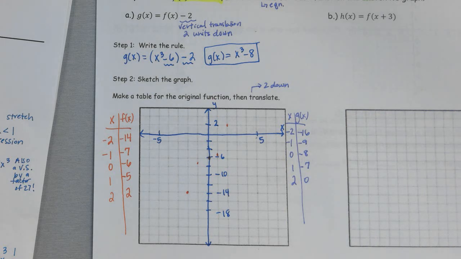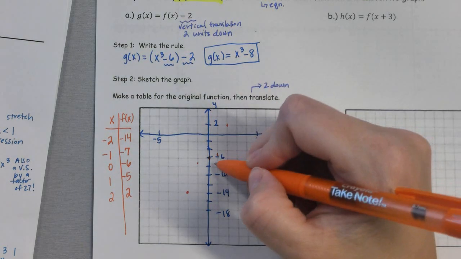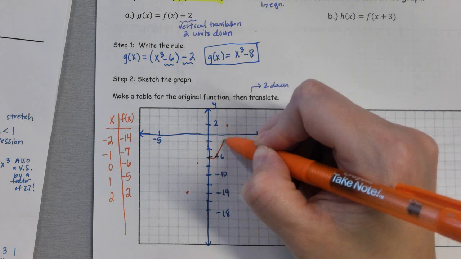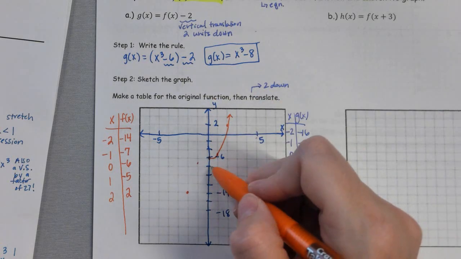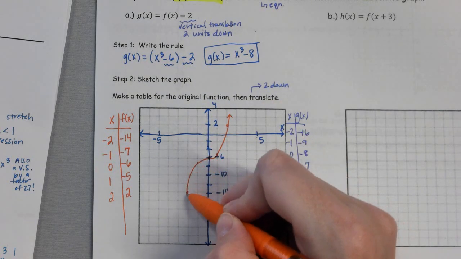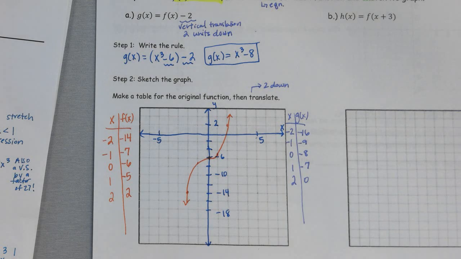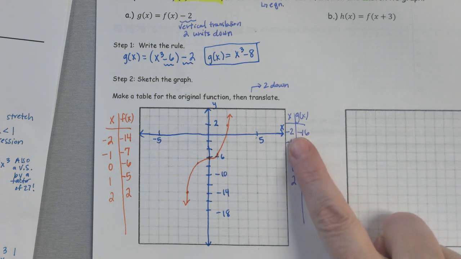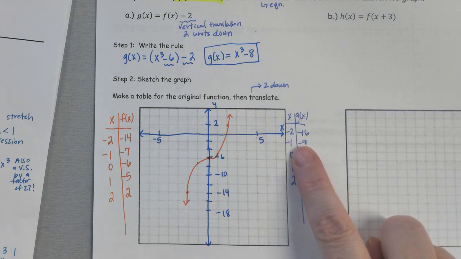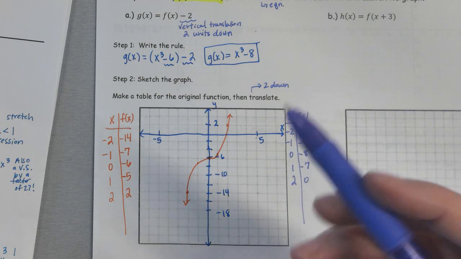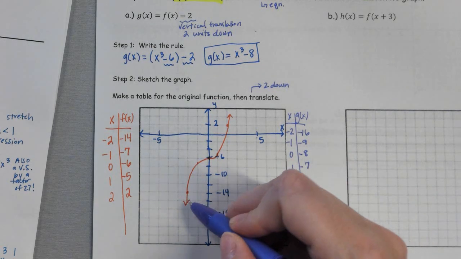And then we're going to plot the points just like we talked about, or connect them. So I'm going to curve this side up. I'm going to curve this side down like a parabola. And then like I said, if you can use this here as your guide, you can also just say, hey, I'm going to take all the points and I'm just going to go down 2.